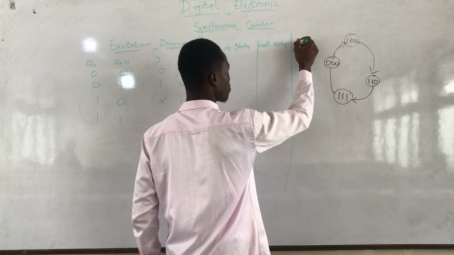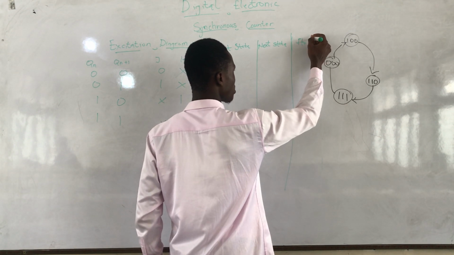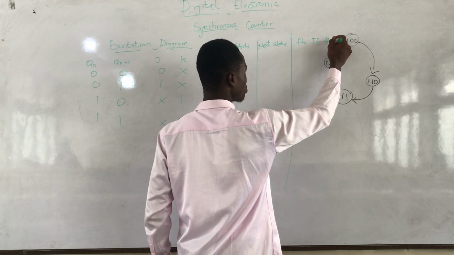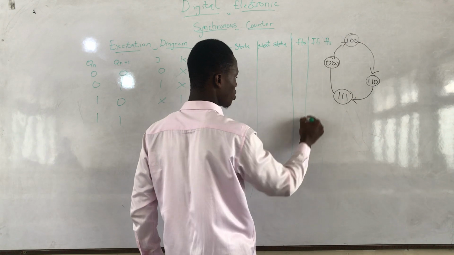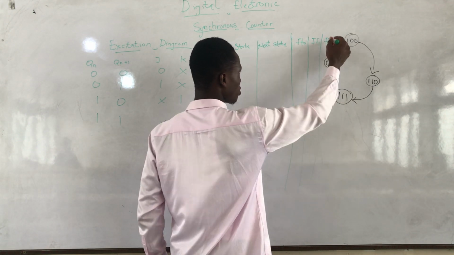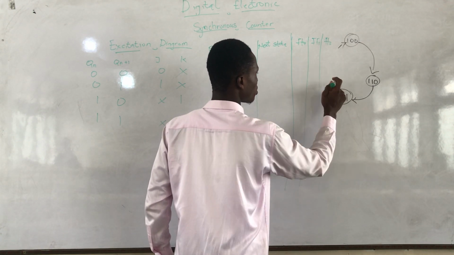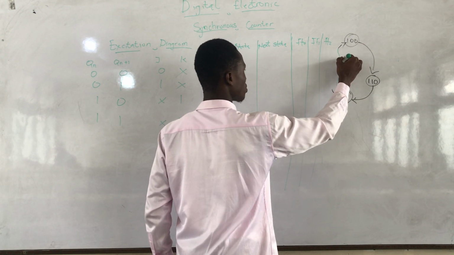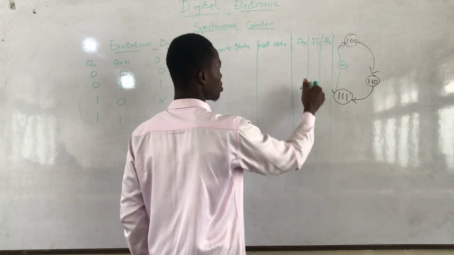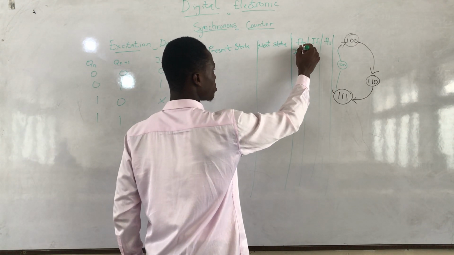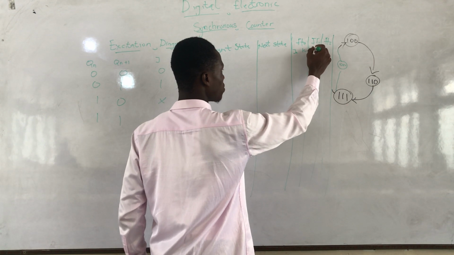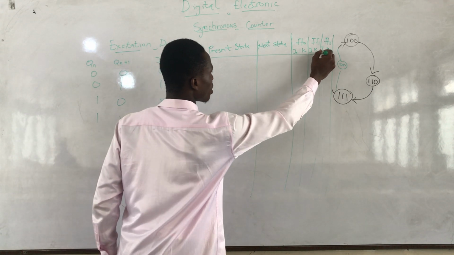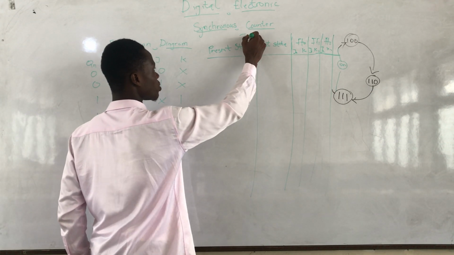Let's say these are the flip-flops: flip-flop not, flip-flop 1, flip-flop 2. So from our flip-flops, we'll be having our J0, K0, J1, K1, J2, K2. Okay, so we have this diagram. This is our truth table.